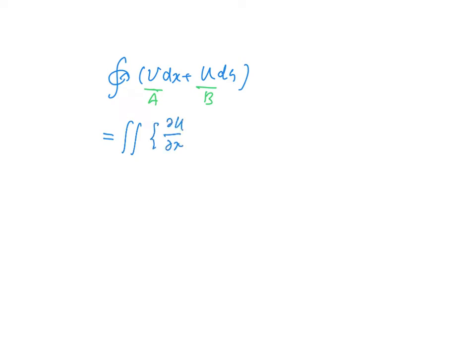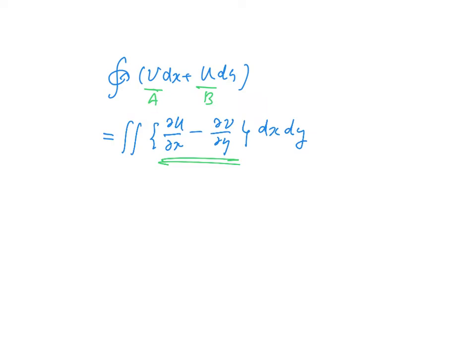The imaginary part. So this is your B, this is your A, right? So applying that Stokes theorem again, we have partial x of u minus partial y of v, dx dy. And this is what? Okay? 0 because of Cauchy-Riemann condition, right?